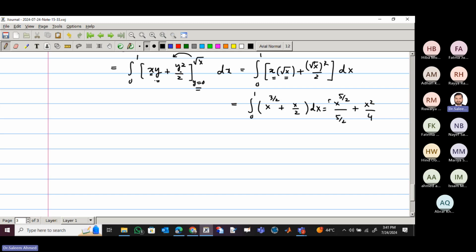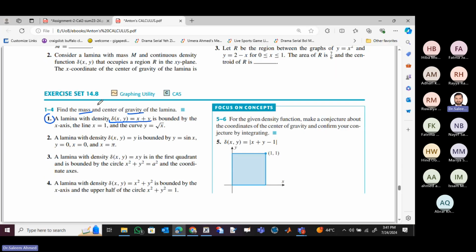So this is my integration. Now I will put the values from 0 to 1. If you put 1, it is 2 by 5 plus 1 by 4, which is 13 by 20. Okay, so I think you can use a calculator and check the answer.